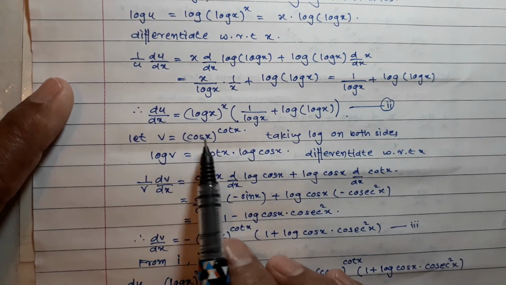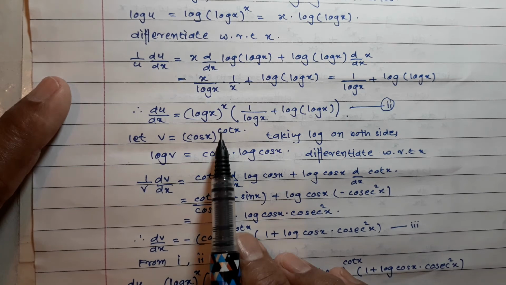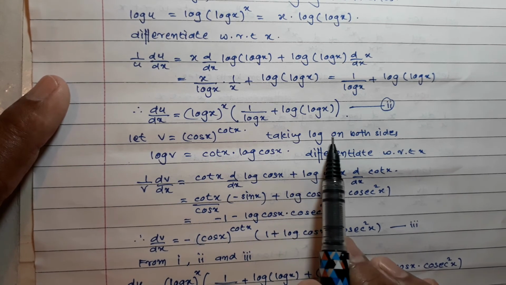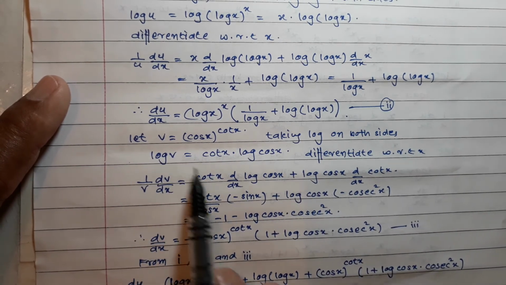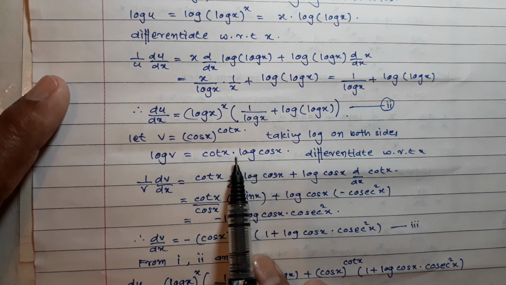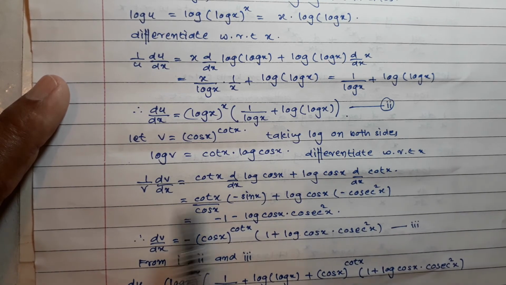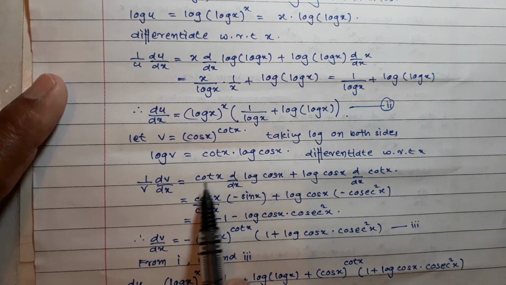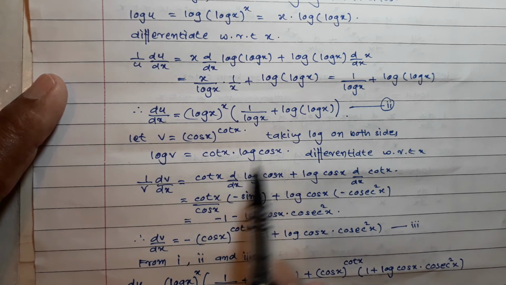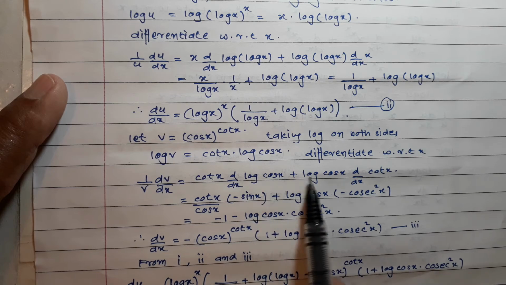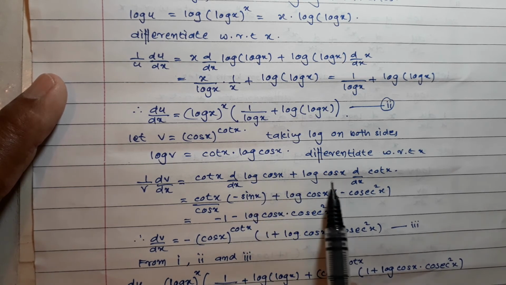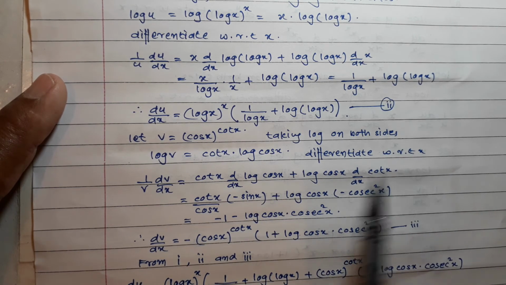Then let v is equal to (cos x)^(cot x). Taking log on both sides, log v is equal to cot x log cos x. Differentiate with respect to x. 1 upon v dv/dx is equal to cot x into derivative of this, plus this into derivative of cot x.